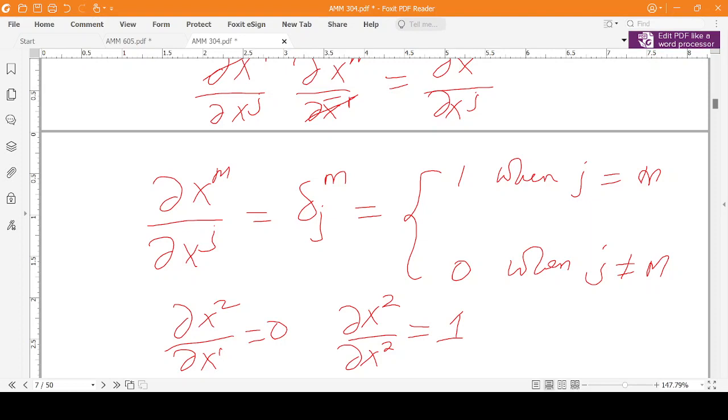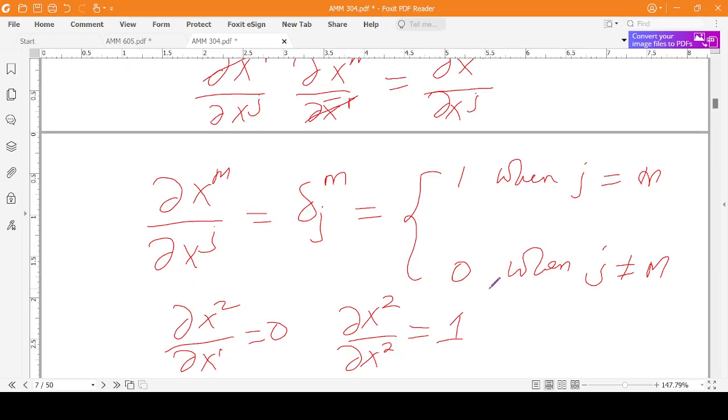It's like when you differentiate y partially with respect to x. In that case, you are assuming that y is a constant, so the derivative is 0. But when you differentiate y partially with respect to y, then you get 1. So this quantity will have a value 1 when j is equal to m, and 0 for all other values.